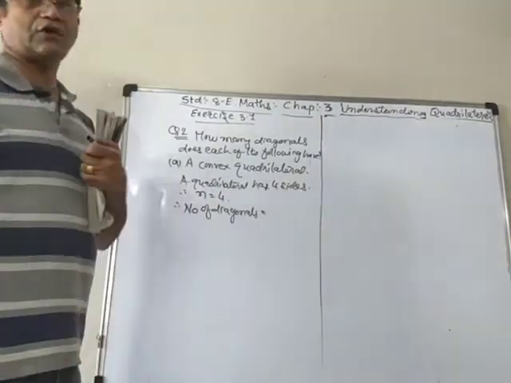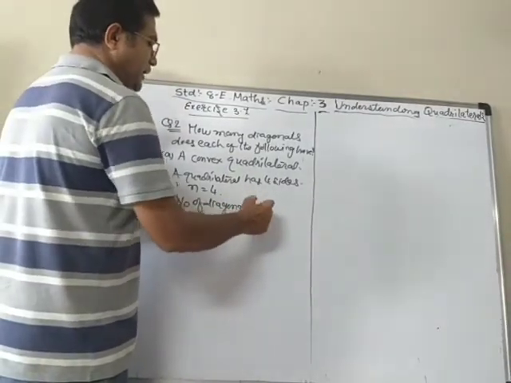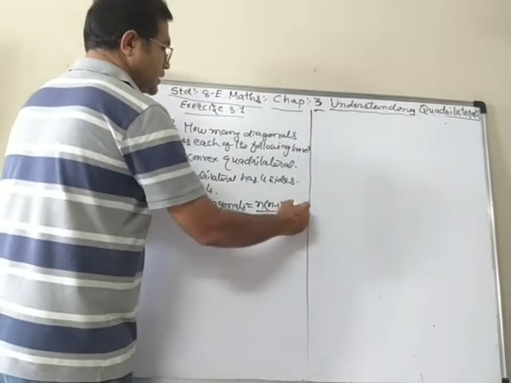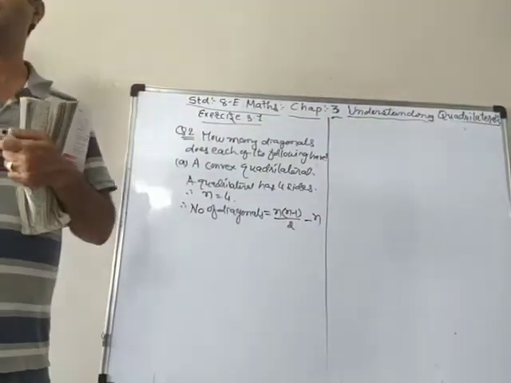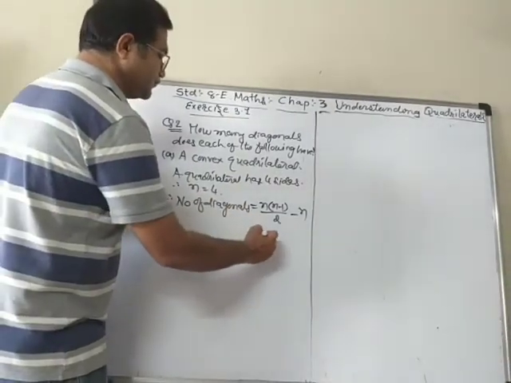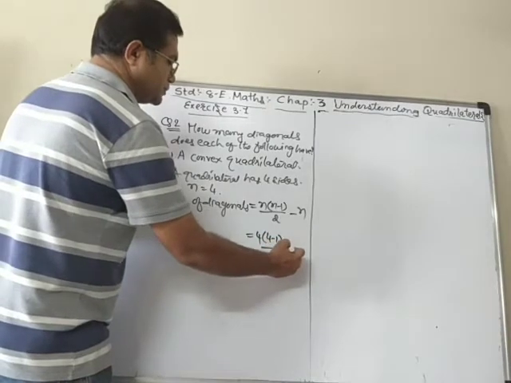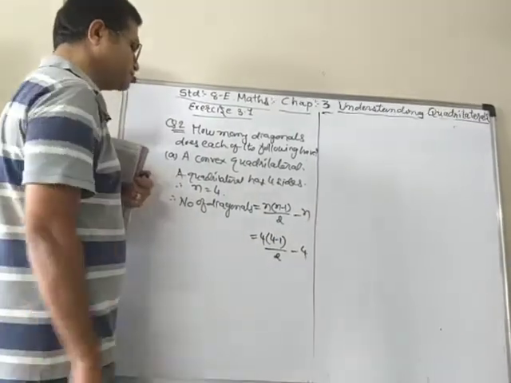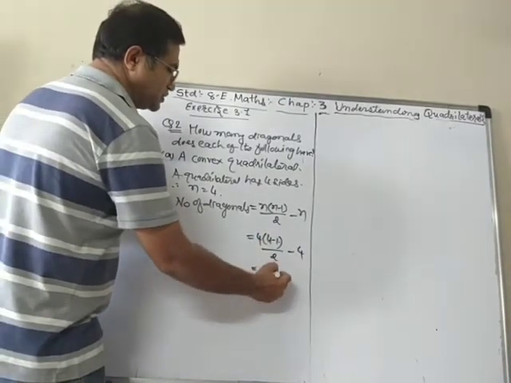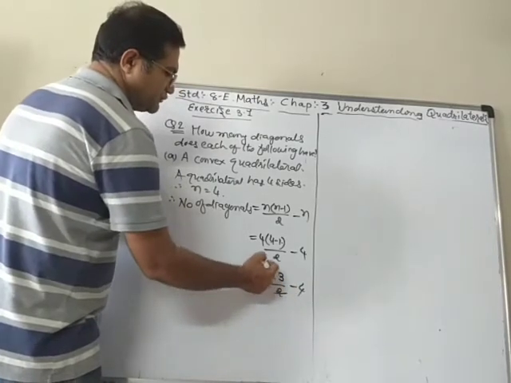Now we learned the formula yesterday in the previous lecture. n(n minus 1) upon 2 minus n. So here n is equal to 4. So you put 4 into bracket 4 minus 1 upon 2 minus 4, is equal to 4 multiplied by 4 minus 1 is 3. Now you can cancel here. 2 2s are 4.